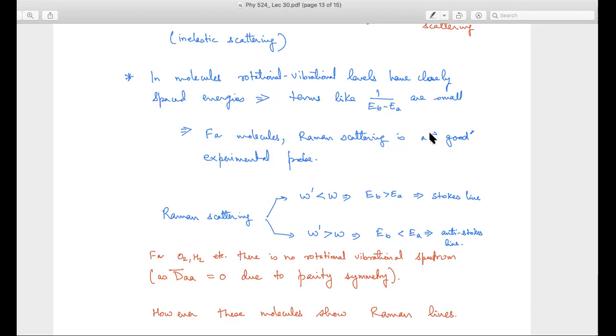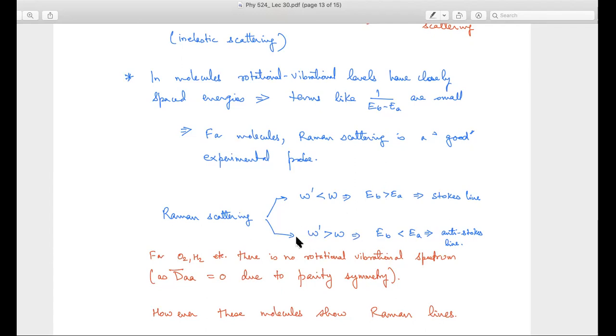Okay. Then in inelastic scattering, I can have two kinds of experiments now. In Raman scattering, I can have the output photon energy less than the input photon energy, which means the molecule is in an excited state, or EB, the excited state energy, is larger than EA. These kinds of transitions are called Stokes lines for historical reasons.